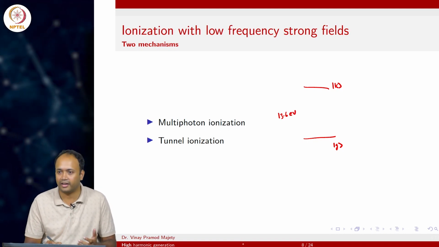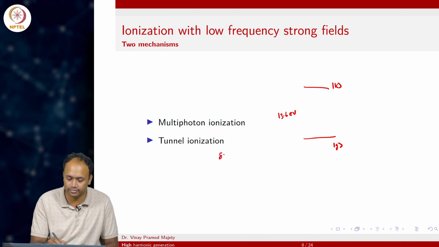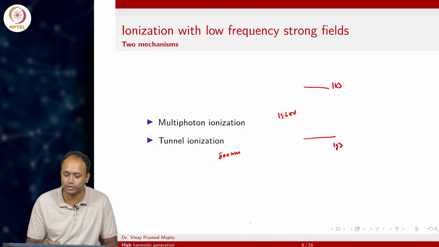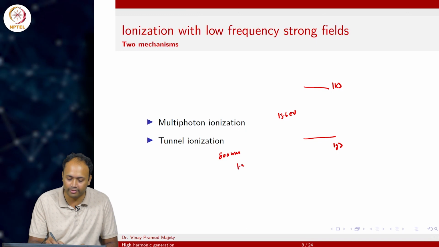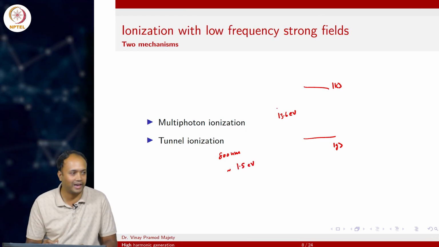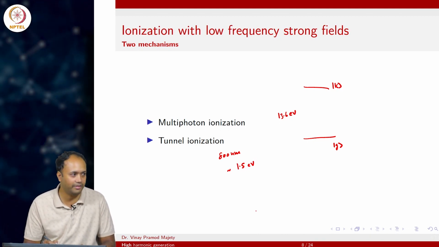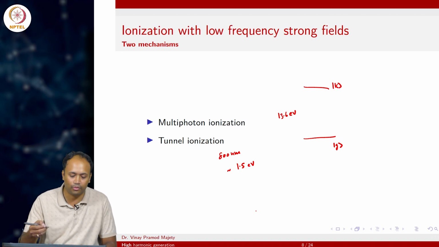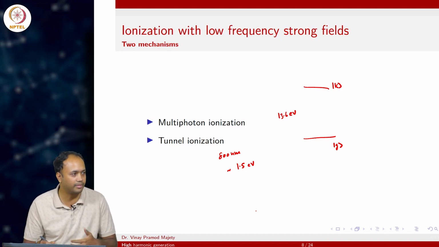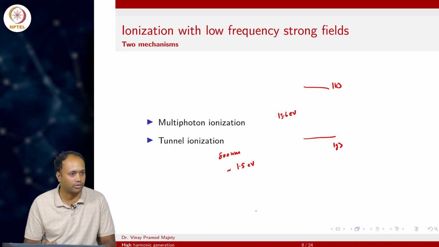Now a typical titanium sapphire laser, which gives you radiation at 800 nanometers, corresponds to approximately 1.5 eV. If I want to collect 13.6 eV from 1.5 eV photons, then I would need almost 9 photons to ionize it. So I have a multi-photon ionization process.